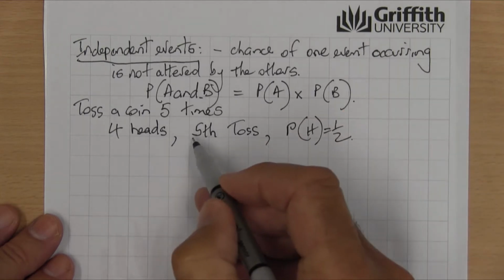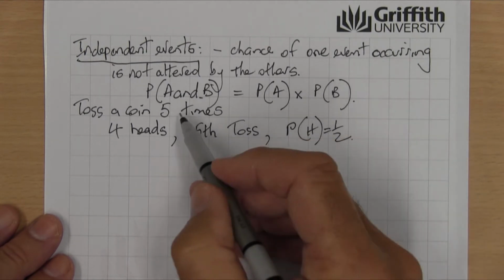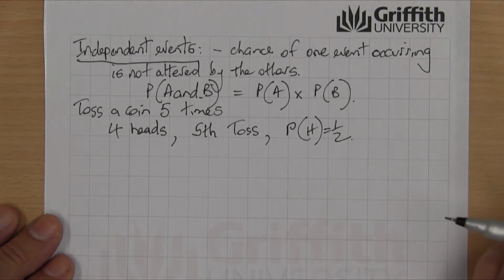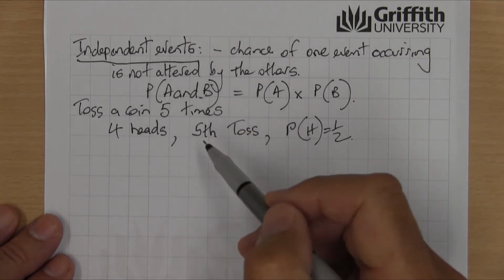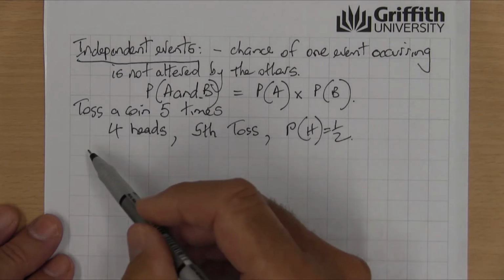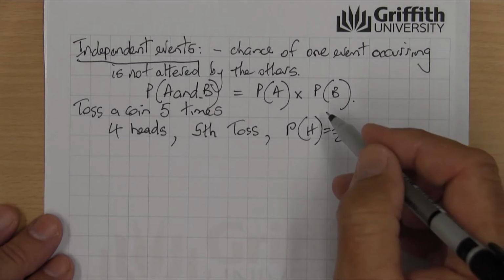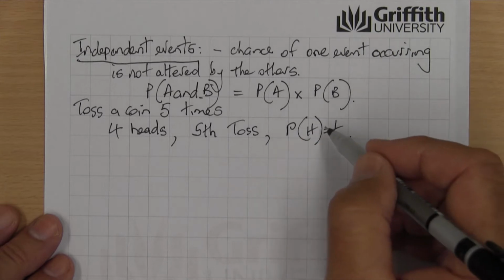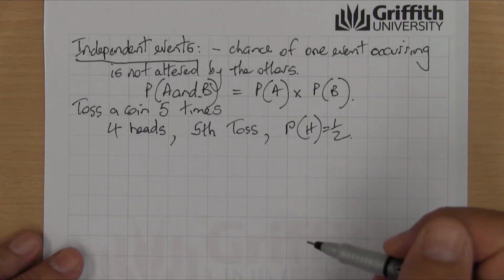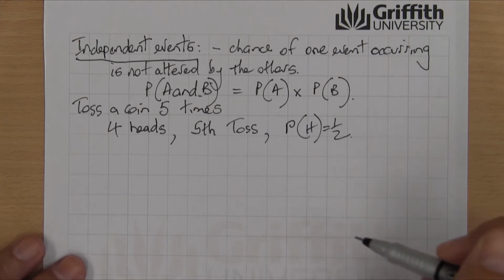It doesn't matter if you've got 4 heads straight up and you're tossing it 5 times. The 5th toss, the probability of a head is still going to be a half, because these are independent events. Each toss is an independent event. It doesn't matter what's happened before. The 5th toss will still have a probability of a half that you're going to get a head.